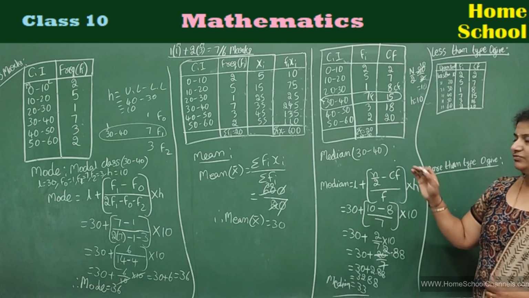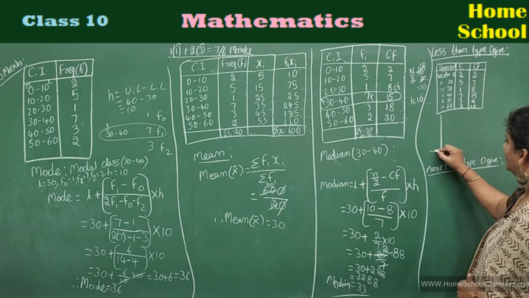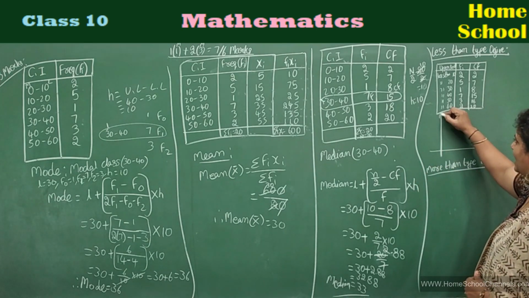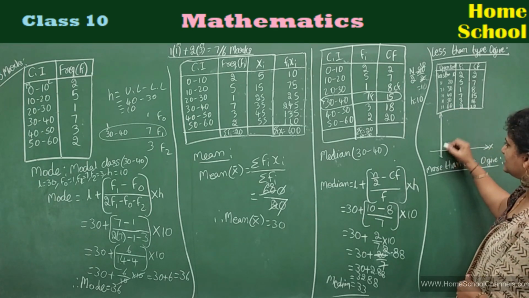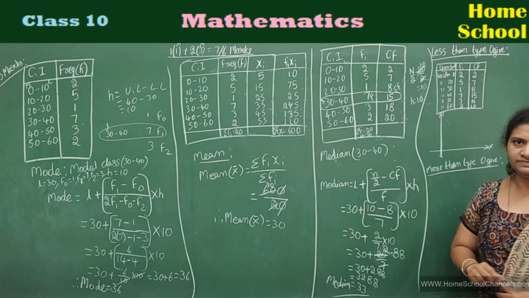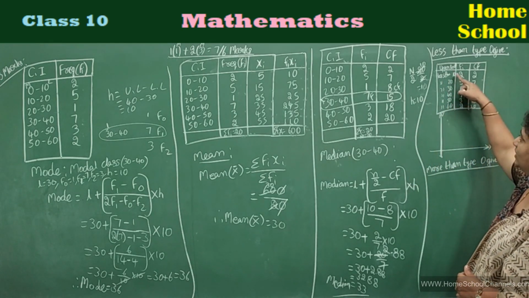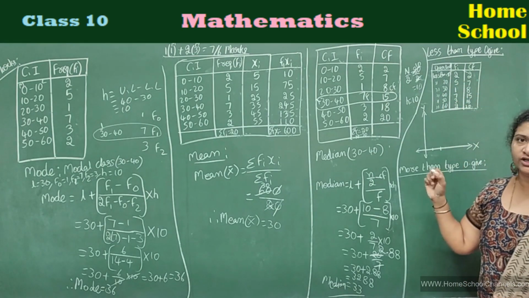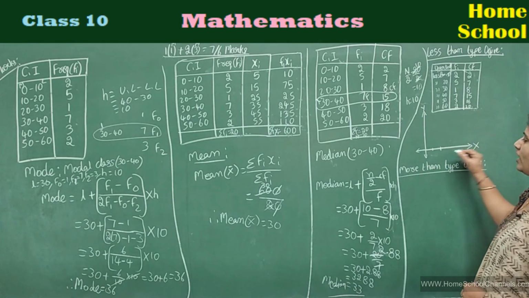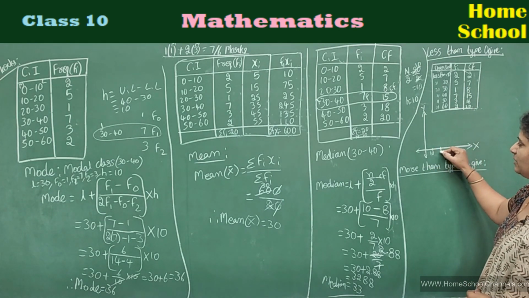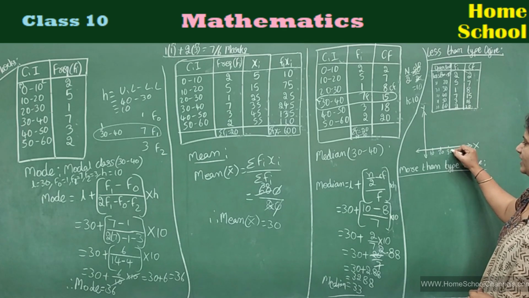Okay. Now take a graph sheet. And plot x-axis, y-axis. Okay. So observe the limits here. 10, 20, 30, 40, 50, 60 there. So on x-axis, 1 centimeter is equal to 10 units.